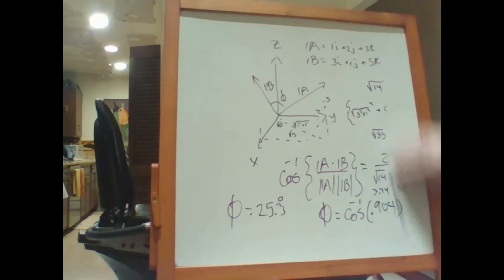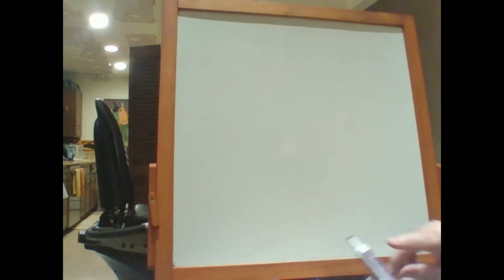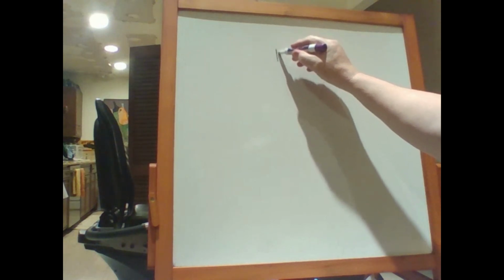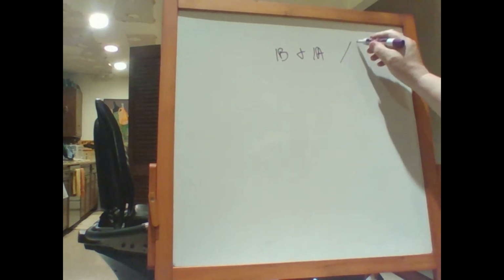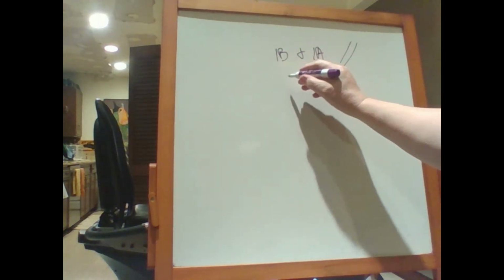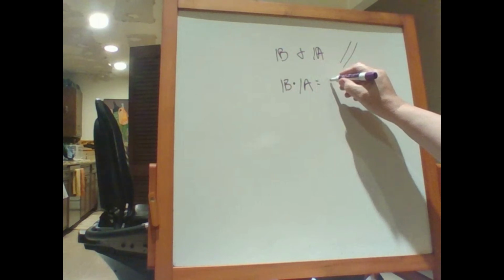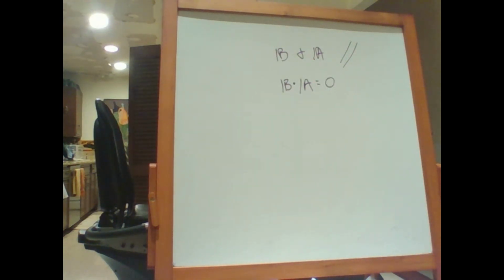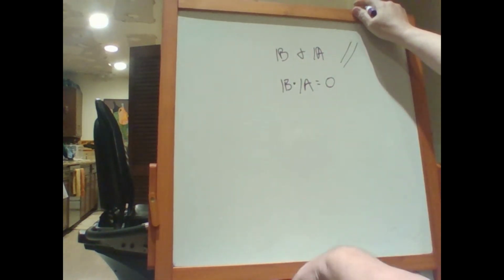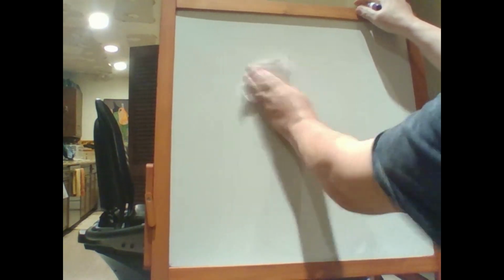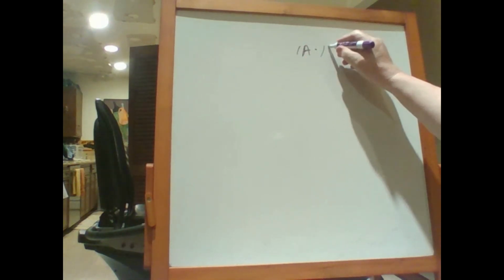Now, one last thing. If B and A are parallel, then A dot A is definitely parallel.